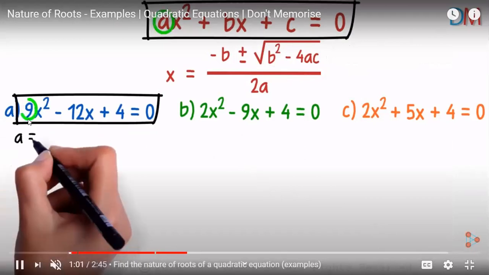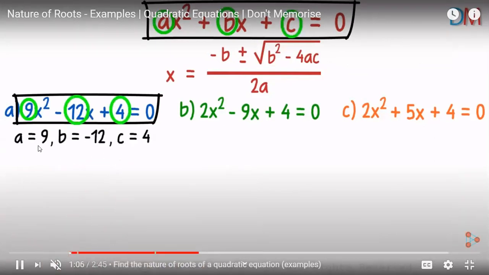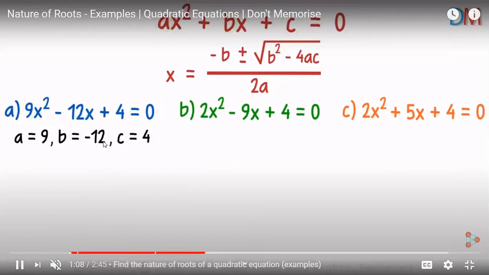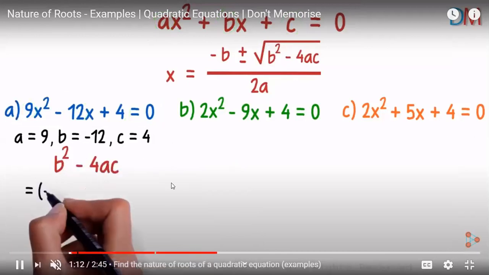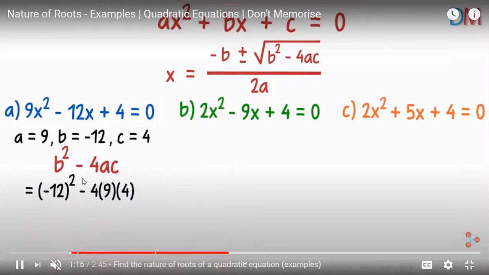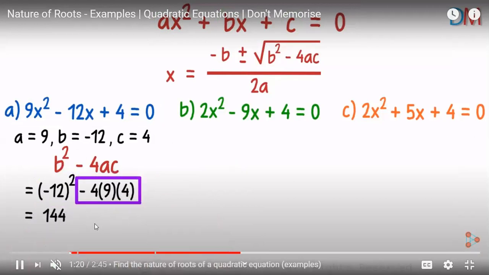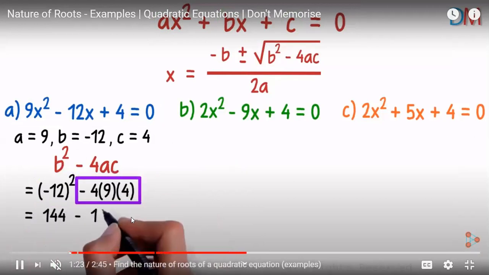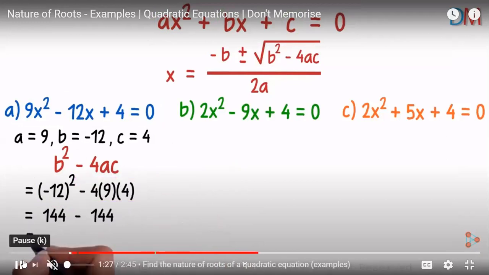Now the first equation is 9x square minus 12x plus 4. In this equation, a equals to 9, b equals to minus 12, c equals to 4. Now you can watch and check how many roots are possible. Minus 12 square minus 4 multiplied by 9 multiplied by 4, 144 minus 144. How many roots are possible?